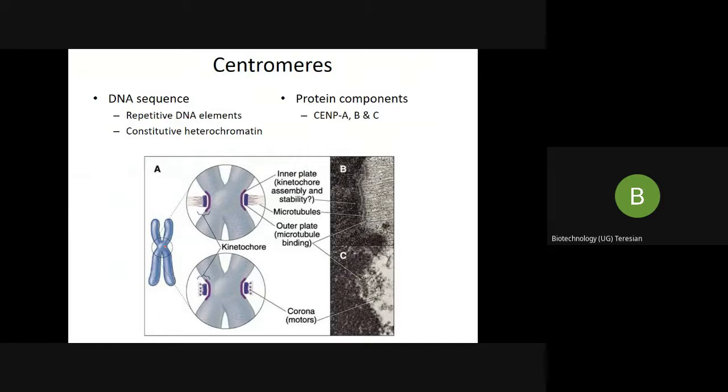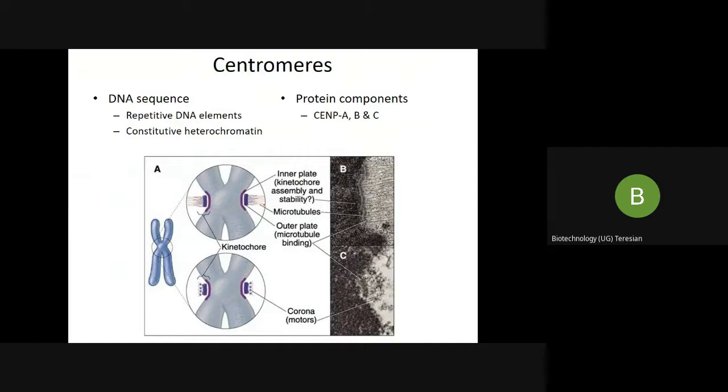As mitosis proceeds, the centromere gets attached to the microtubules of the mitotic spindle, and the two sister chromatids separate and move towards the opposite poles. See, these are the microtubules. The separation of the two sister chromatids happens because of these spindle fibers attached at the centromere.